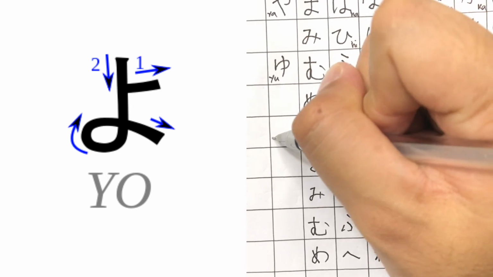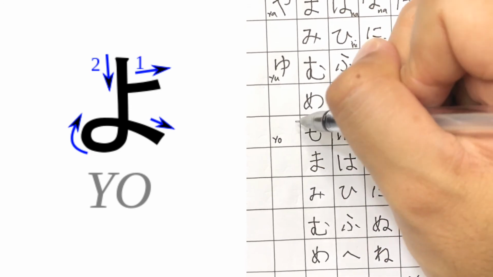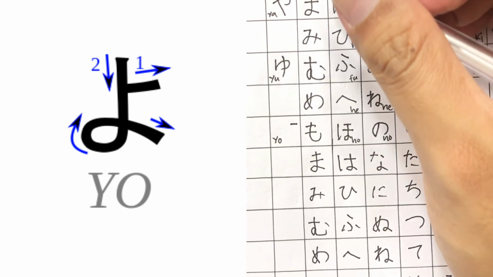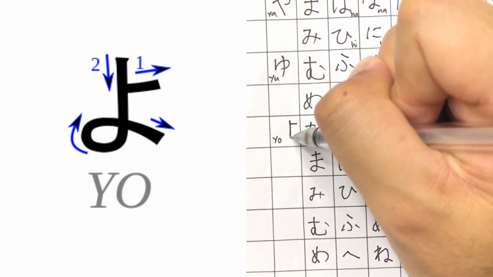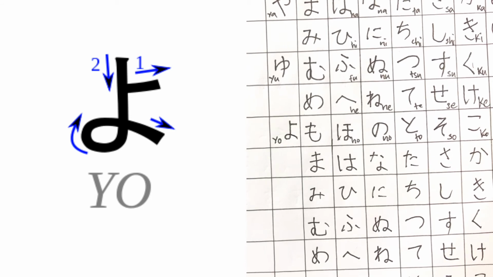The last character will be Y plus O. It will become yo. With 2 strokes, we start with a short line, then we cross, we have yo. Let's write them again.